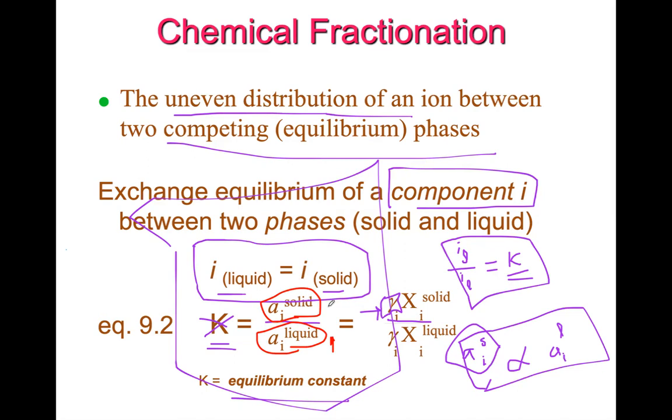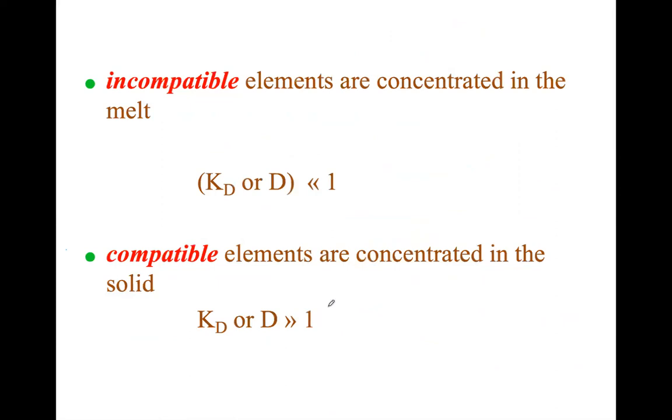Incompatible elements must be highly concentrated within the liquid rather than the solid. So what will happen to the equilibrium constant if you take the incompatibles according to that definition? You can make it upside down, but traditionally we make it in that way, right?